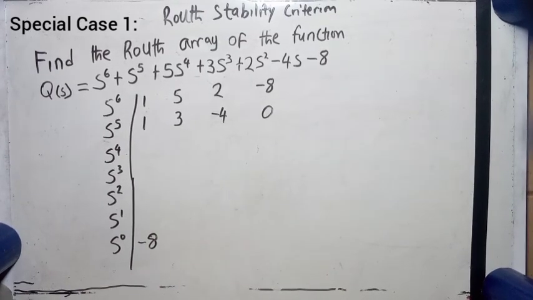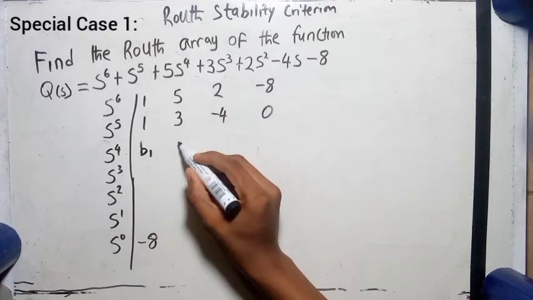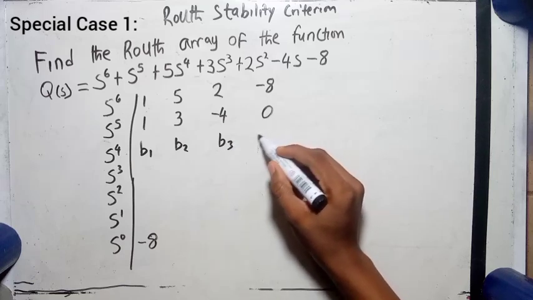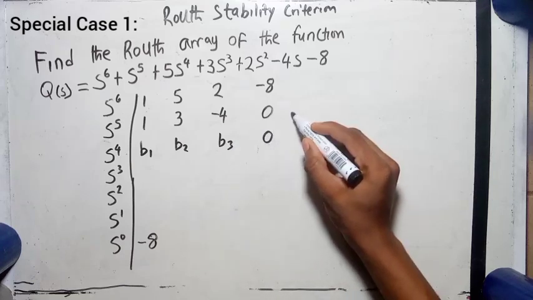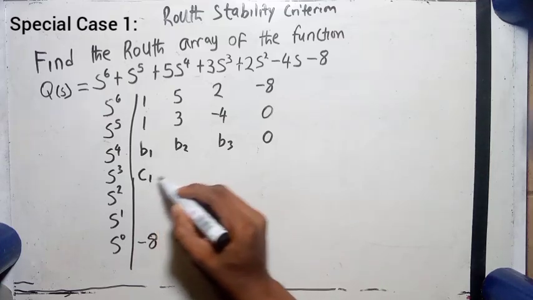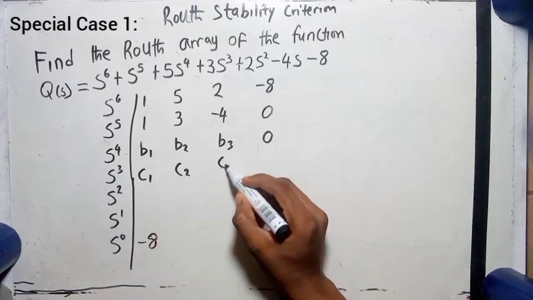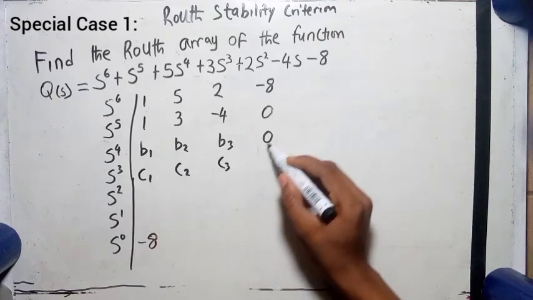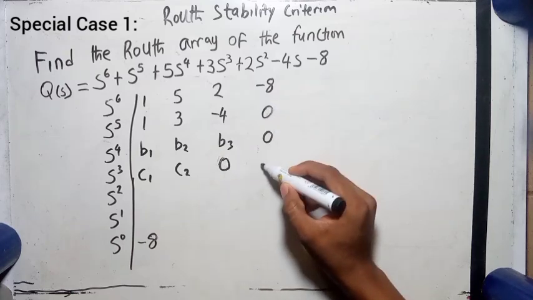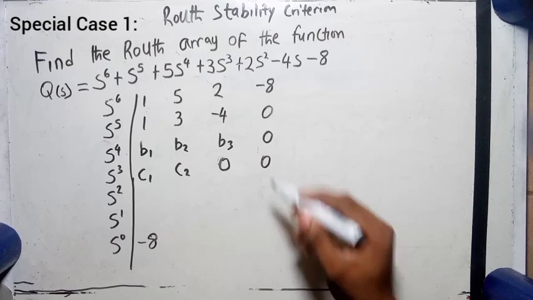Now let's start solving. So we need to get B1, B2, B3. Definitely, whatever will be here will be 0, since this diagonal is also empty. We also need to get C1, C2, C3, and so on. C3 will definitely be 0, since this diagonal is 0.